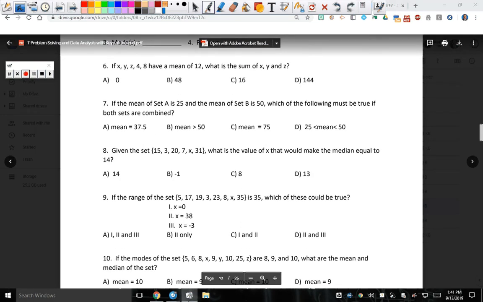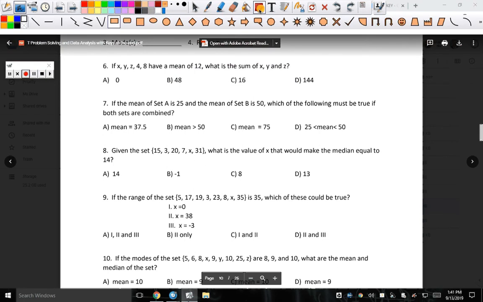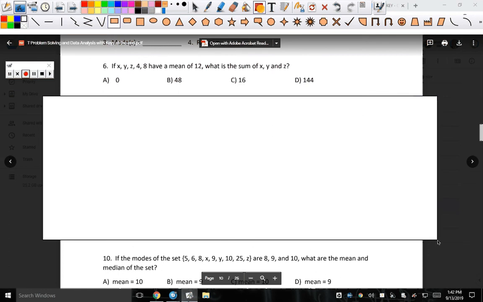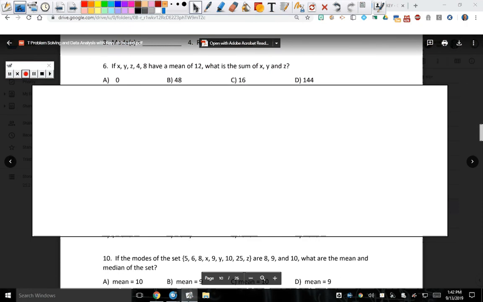X, Y, Z, 4, and 8 have a mean of 12. So if I want to know what is the sum, what is it that I'm going to do with the equation? Okay. All right. So the mean is 12. Guys, what number goes here? 5.